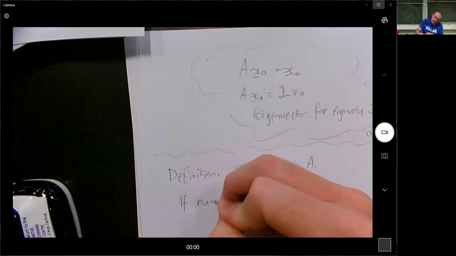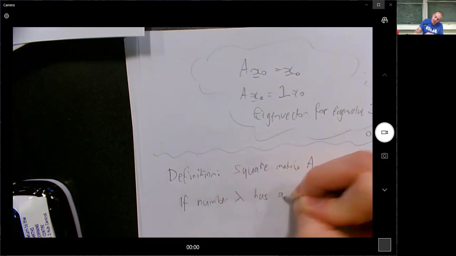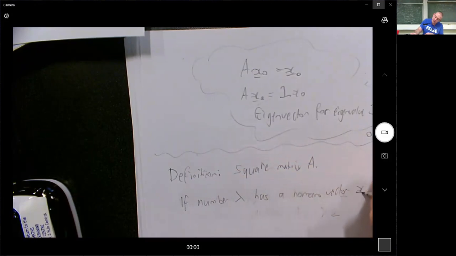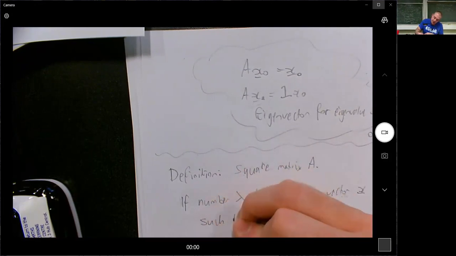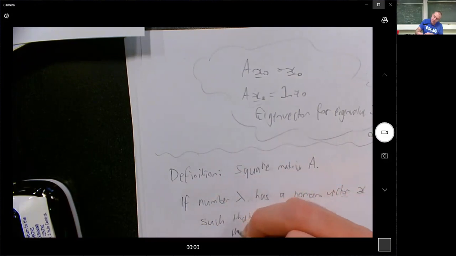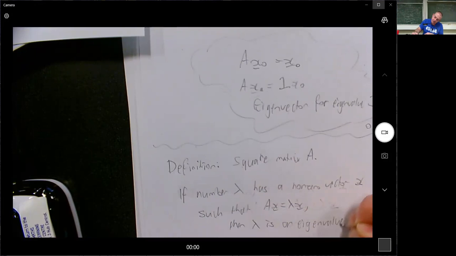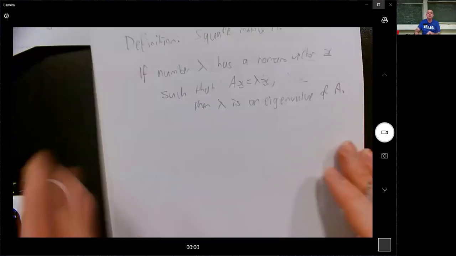If the number lambda has a non-zero vector x such that Ax equals lambda x, then lambda is called an eigenvalue of A. That's what it's called.